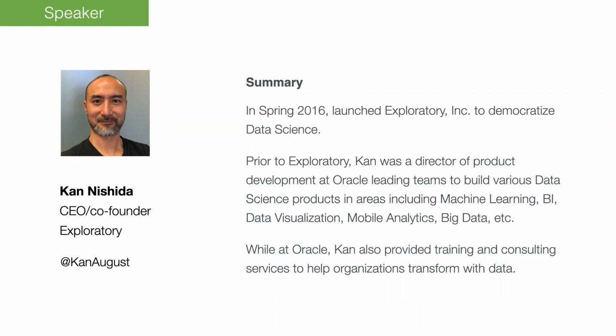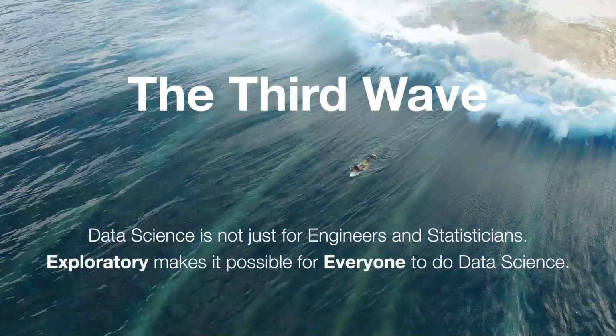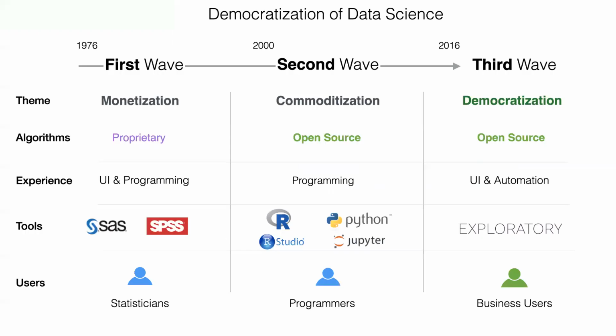So I thought this was the time to go outside and democratize what was called data science. Our company's mission has always been the same: democratize data science. To do that, we have a concept called the third wave, and I think we are making that third wave right now.